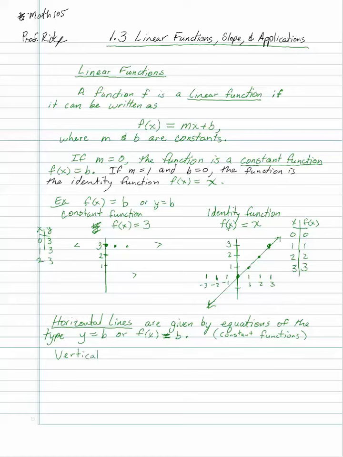Basically we're saying for one x you have more than one y. In fact, you have an infinite number of y's. So vertical lines are given by equations of the type x equals some number. And again, note, they're not functions.